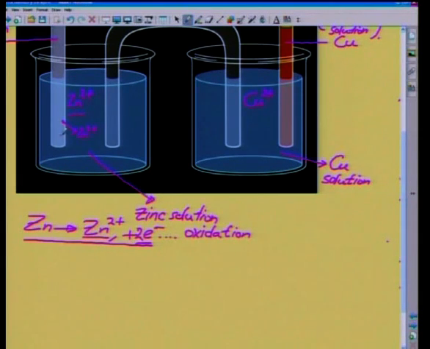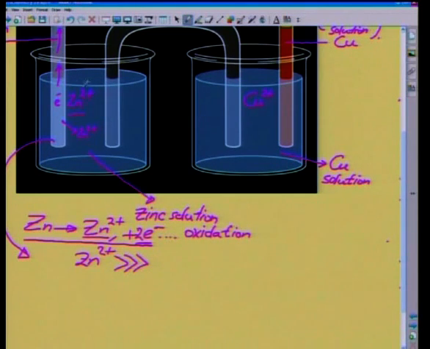And the lost electrons move up that way into the external circuit. That is the direction that electrons will take. So what basically is happening here is that the Zn2+ ions are increasing all the time. As oxidation takes place, we're having more and more Zn2+ ions getting into this solution.